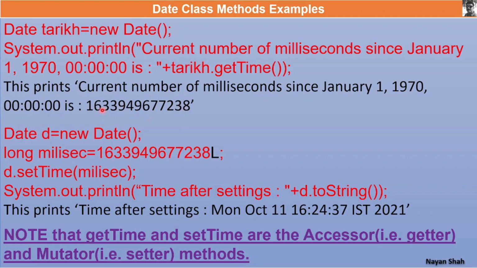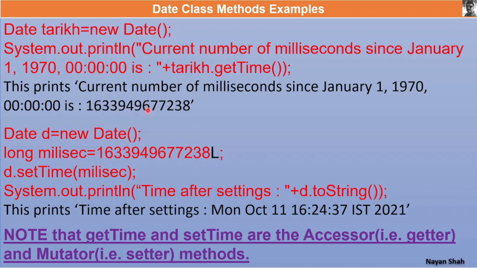So it prints the milliseconds of the present, or rather when this program was executed, at that time the milliseconds were this much, counting from 1st January 1970 midnight, 0 o'clock. Second constructor, Date d is equal to new Date, long millisecond is equal to this number.